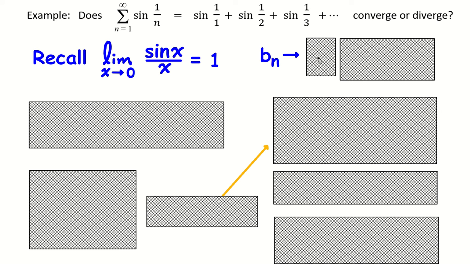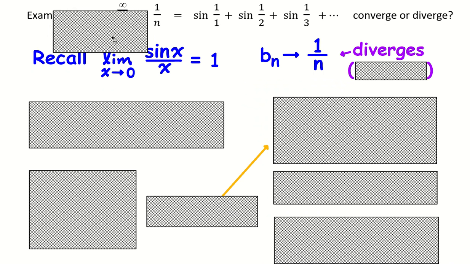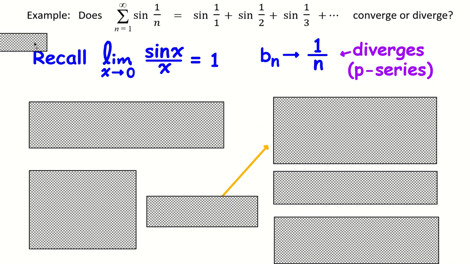So our comparison series is going to be 1 over n, which is the harmonic p-series.